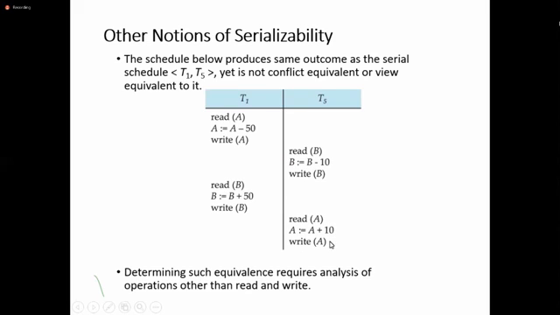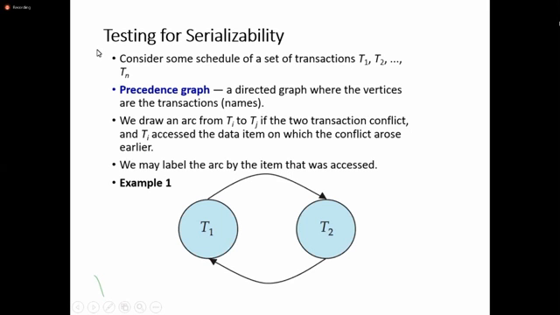But the total amount is equal, with no changes. The determination just needs analysis of operations other than read and write. Now we only check the balance: the total of A and B has not changed.